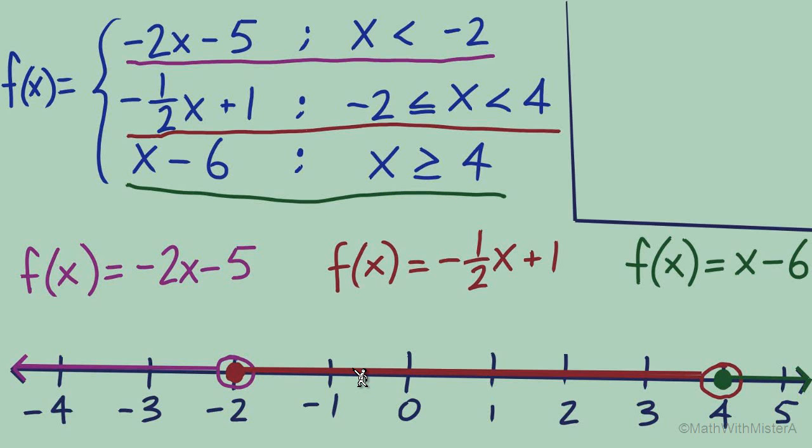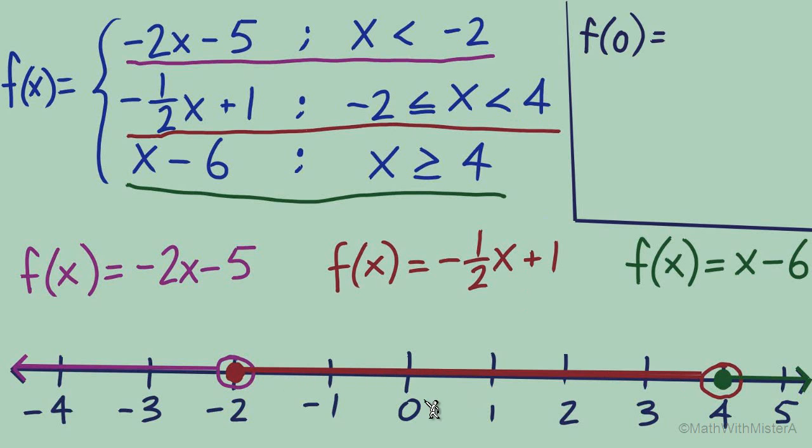If we were going to deal with some questions like, what is f of 0? We're not interested in plugging 0 in place of x in all three of these functions. We have to identify which one we should use based on this information about our x values. If x is 0, that's a number in between -2 and +4.